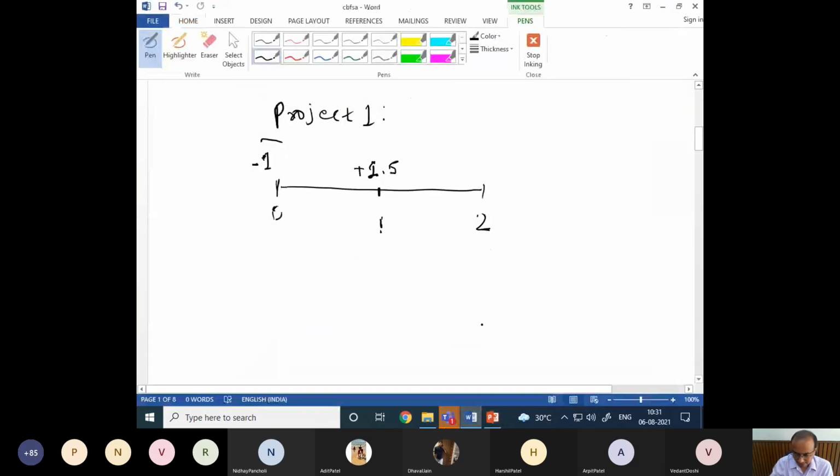So again, I am on the receiving side with a +2 sign. Now, with project 2, the spacing is slightly creating a problem, so bear with it. Next time I will change it.